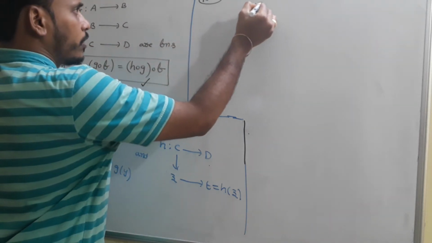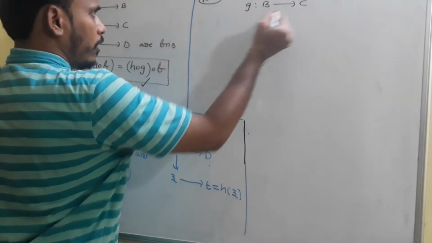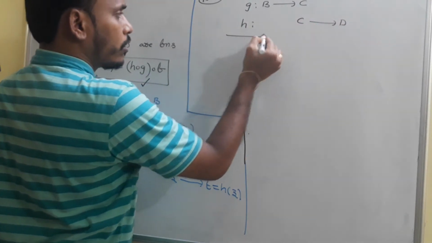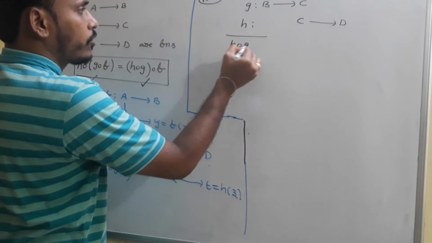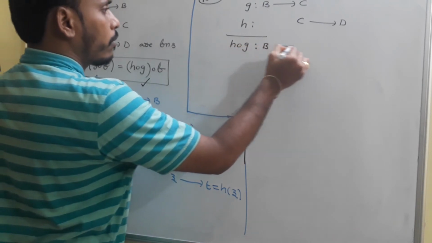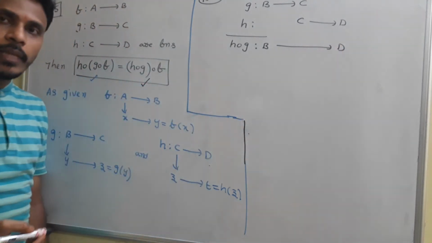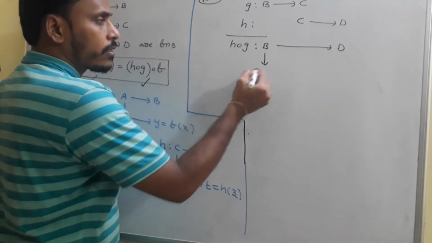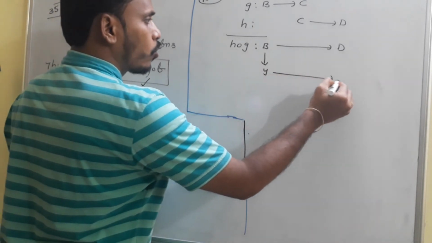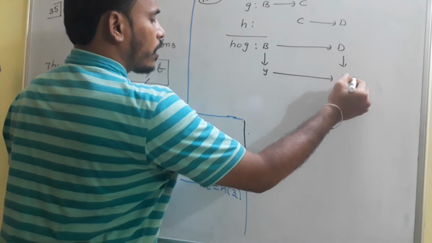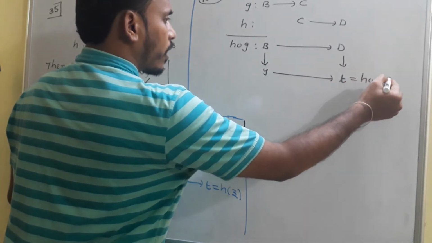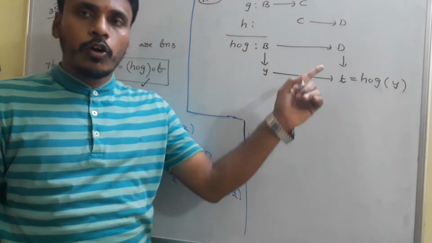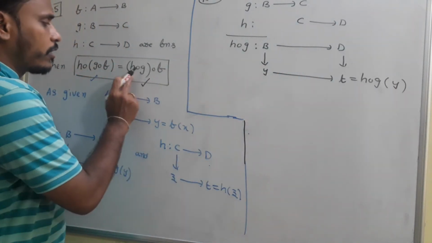As we know, g is a function from B to C, h is a function from C to D. When you compose these two, we get h circle g is a function from B to D. Then just by the rule of composite functions, h circle g connects an element y of B to an element t of D such that t is equal to h circle g of y. For the function h circle g, if the input is y, the output is t. Okay, so h circle g is completed.